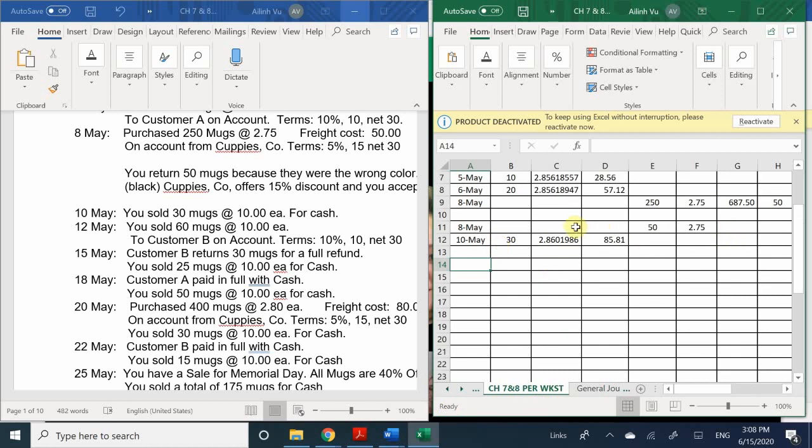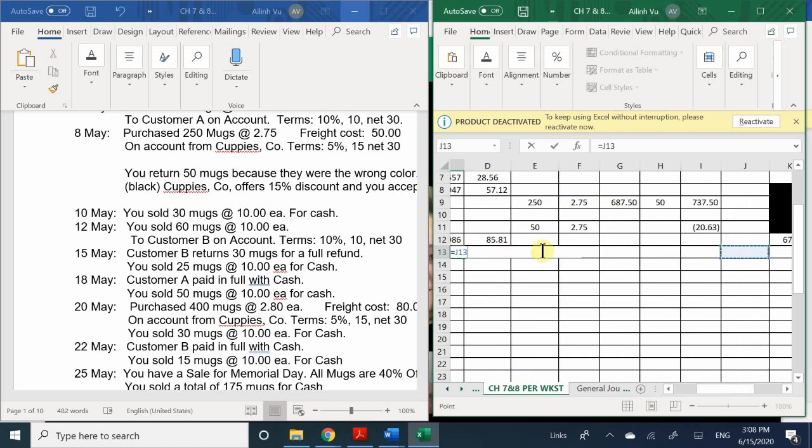Okay, so here I'm going to indicate on May 12th that I sold 60 mugs. Okay? 60 mugs. All right. And what is each cost per item?